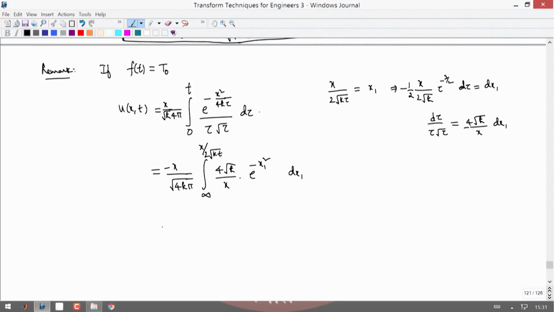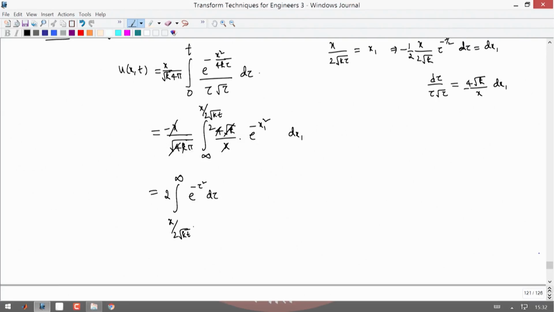So, x is a constant, and root k will go, and finally you make it 2. So, you can interchange the limits, that is x by 2 root k t to infinity, 2 comes out, e power minus tau square d tau, as x1 is a dummy variable, you can put it like this.